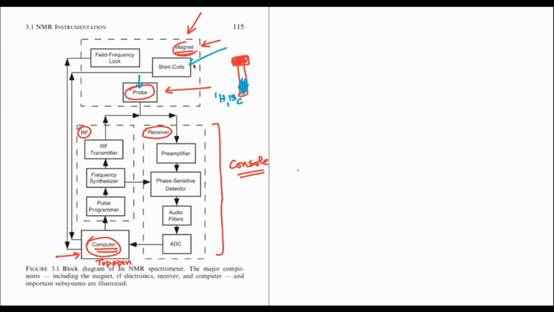Then come the shim coils. One can imagine these as electromagnets around the sample, and they help homogenize the magnetic field. Of course, this is important because we did not spend much time talking about the magnet. The B naught that you end up talking about is the other most important component of this entire part.